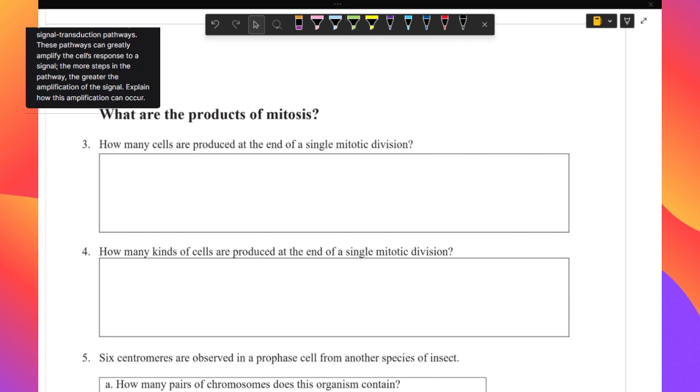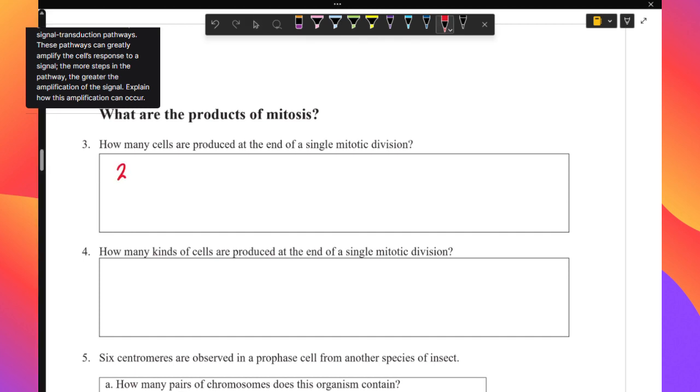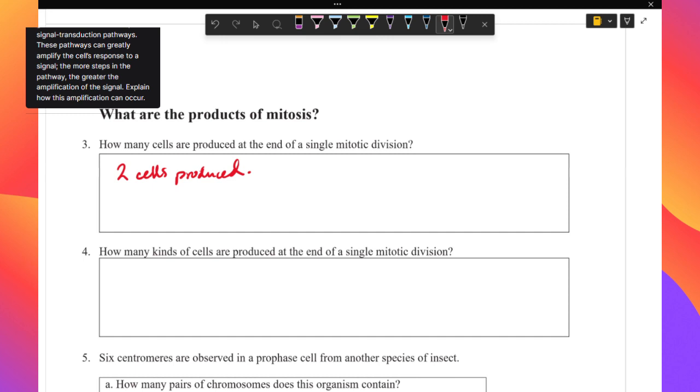All right, so what are our products of mitosis? How many cells are produced at the end of a single mitotic division? 2 cells. How many kinds of cells are produced at the end of a single mitotic division?